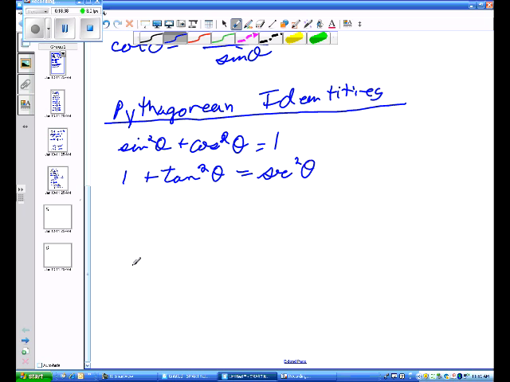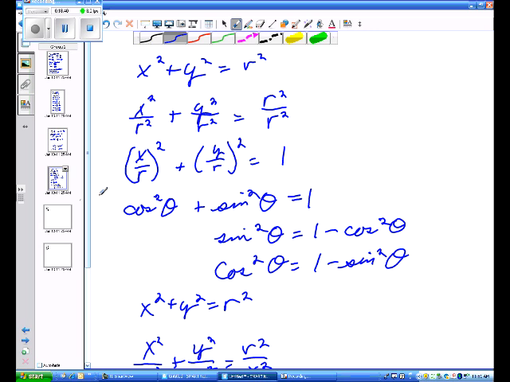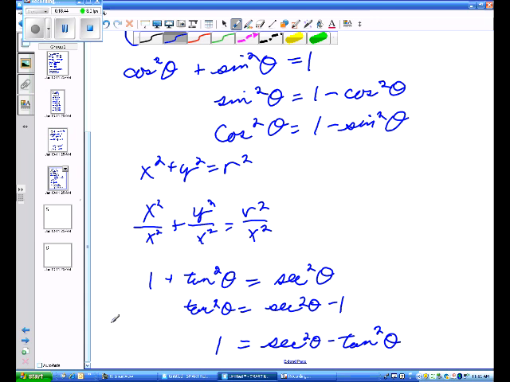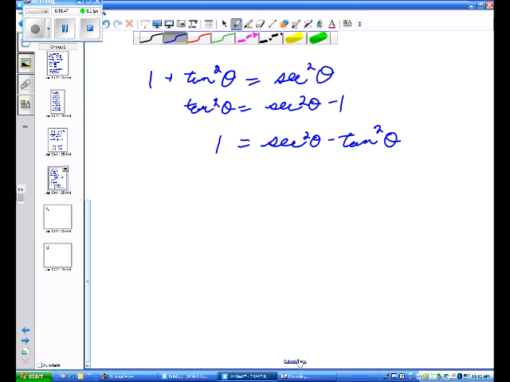And then the last one that we want to look at, let's go back to our Pythagorean theorem. Start with x squared plus y squared equals r squared. This time let's divide everything by y squared.